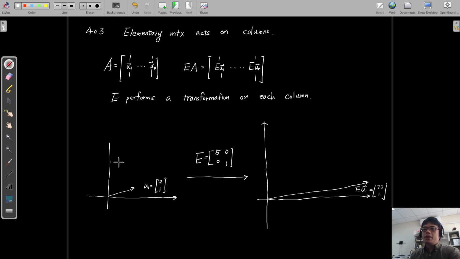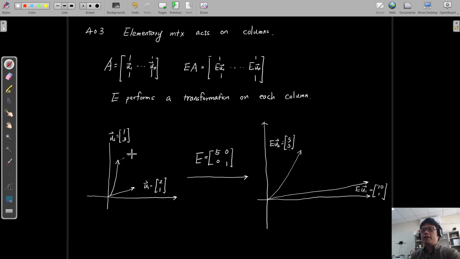And say, suppose we have another vector called U2. U2 is 1, 3, just like the handout we had. Then E times U2 is equal to 5, 3. Again, the height is supposed to be the same.